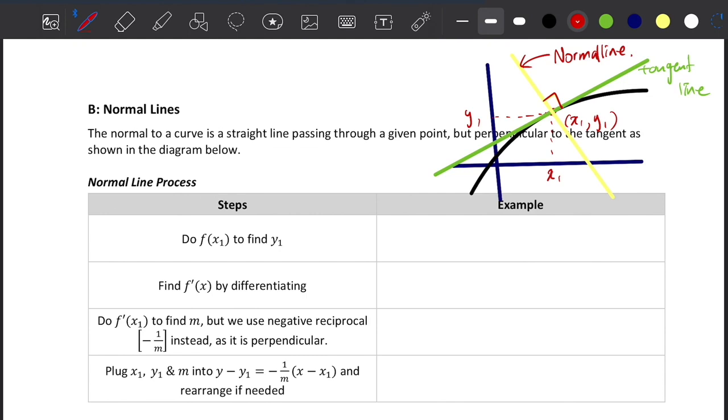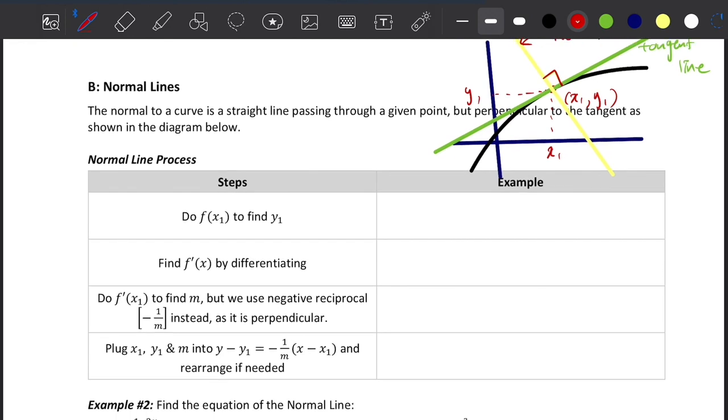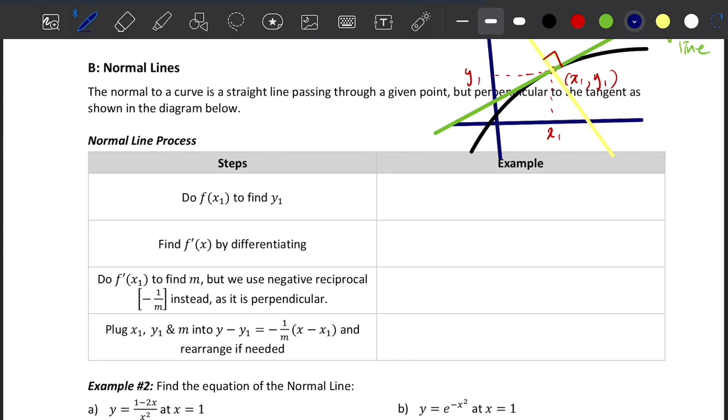So another purpose of differentiating a function is to find the normal line equation, or the equation of the normal line. So we're going to talk about how to find the equation of the normal line. We're still going to use the same example as the tangent line: f of x equals 2x squared minus 6x plus 8 at x equals 2.